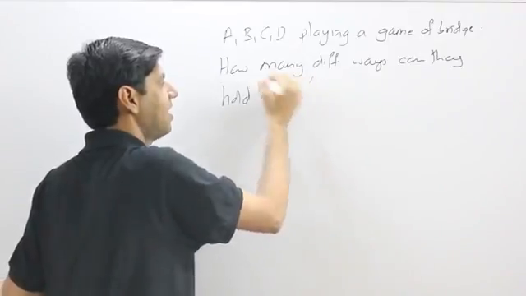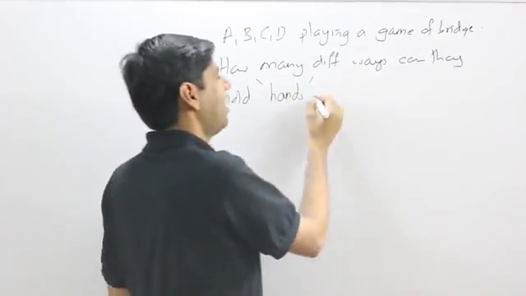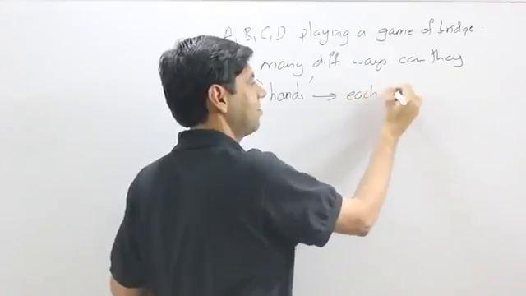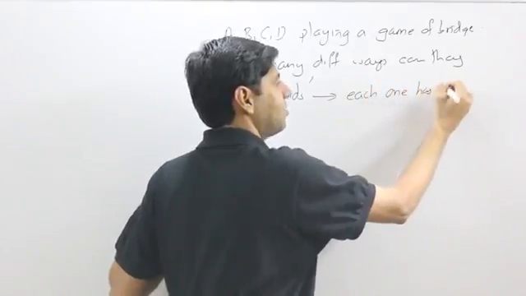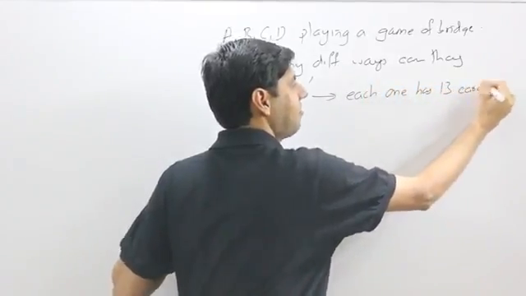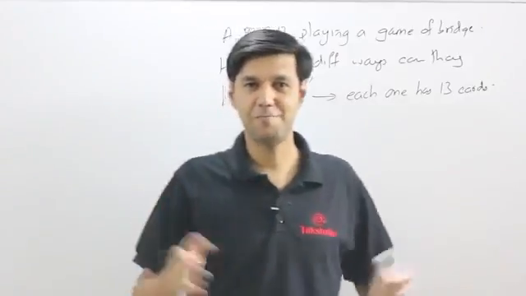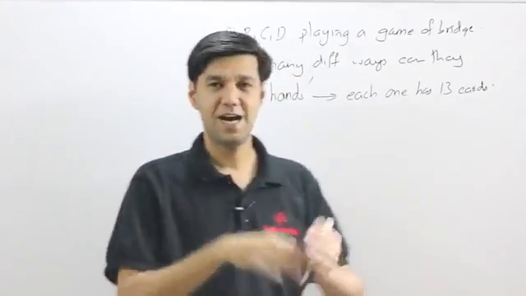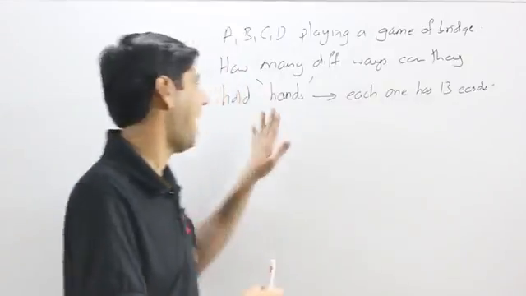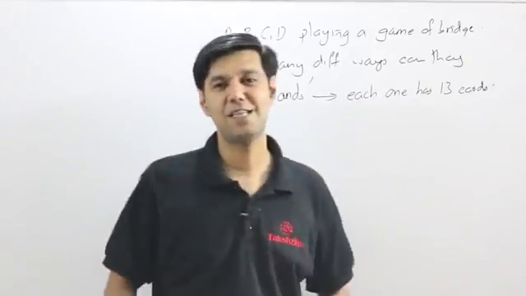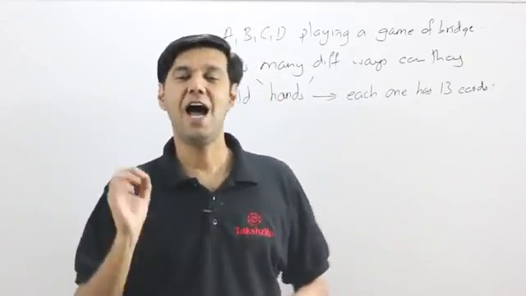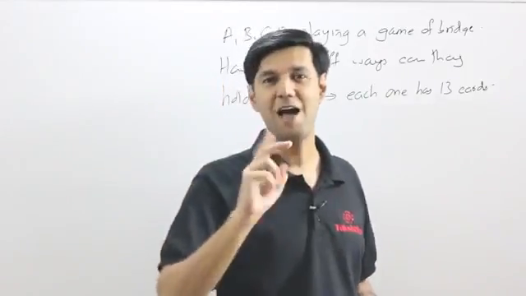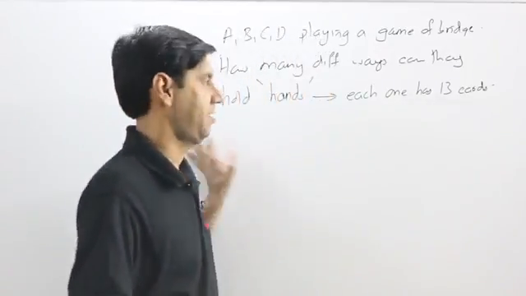By holding hands I mean each one has 13 cards. So in a game of bridge, the 52 cards are divided amongst the 4 people equally. So each one has 13 cards. The 13 cards that they hold is called a hand. So in how many ways can they hold different hands as such? A hand is different if any 2 people have at least 1 card which is different.